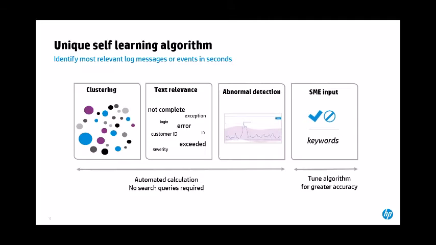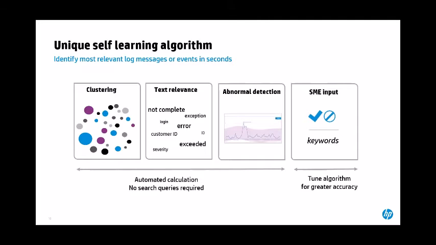We also look at behaviors of those log messages over time, and whether this cluster is operating in normal pattern behavior, or looks abnormal. Those that are abnormal will have a higher relevance input into the relevance calculation. So the first three boxes are what's calculated by our machine algorithm. It's done automatically. You don't have to type in search queries.